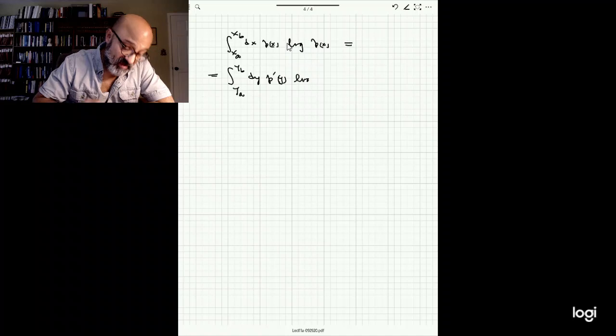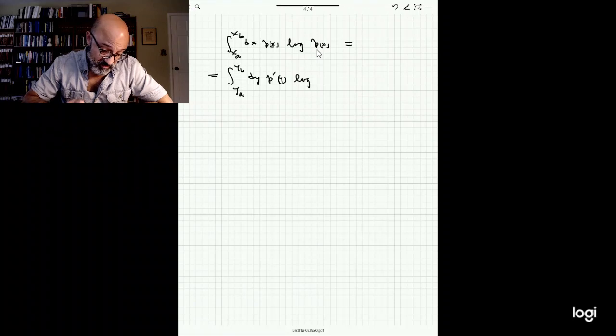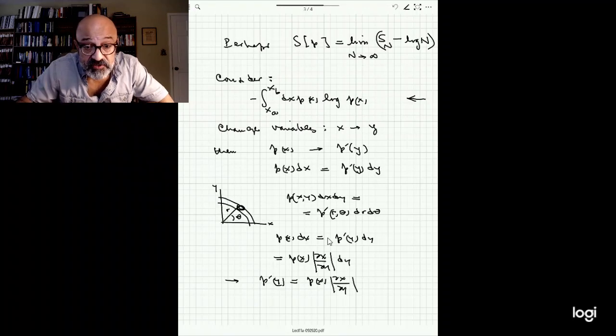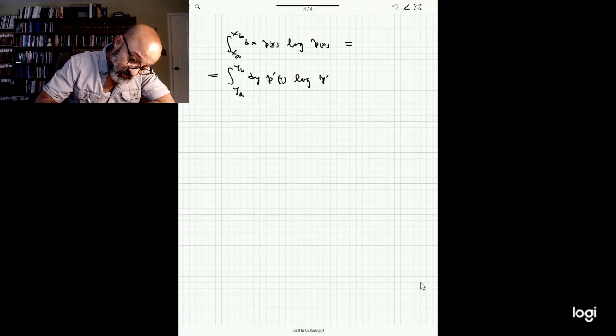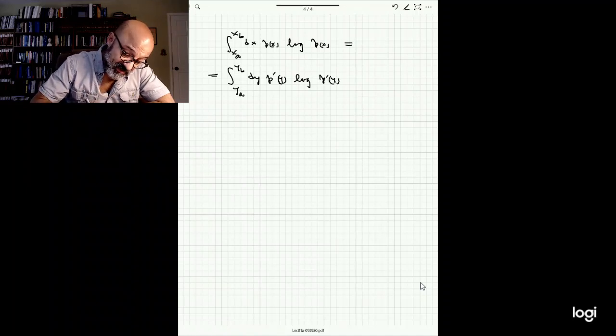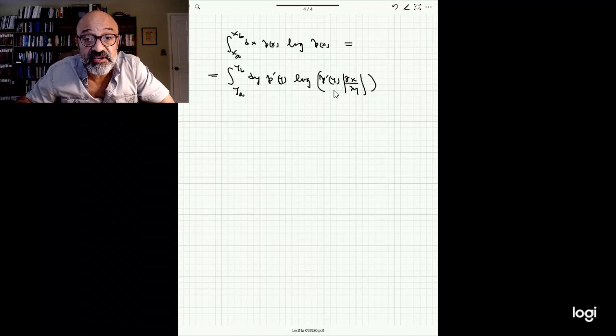And then here we have log px, which we have down here. So this is going to be py divided by the Jacobian, which is the same as doing dx dy, like so. I inverted it. This is a determinant, so whether you write it down here as dy dx or here as dx dy, it flips.